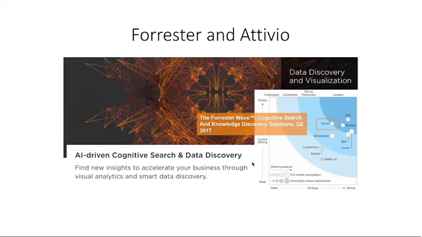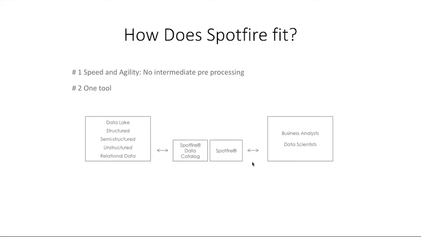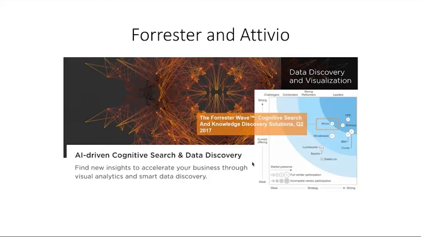Our partner here is Attivio. The current offering, the Spotfire Data Catalog, is powered by Attivio, and Attivio, just as a brief history, has been ranked pretty high in the Forrester quadrant for cognitive search and knowledge discovery solutions.